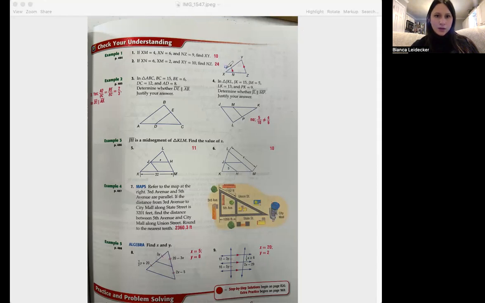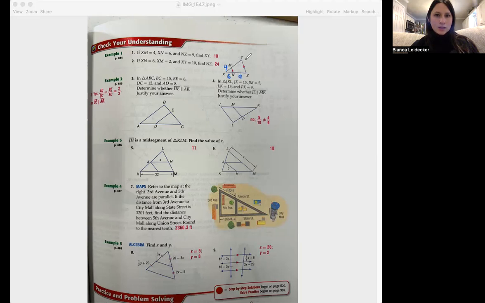So if I were to write it on here, this would be 4. You can see what I'm putting. And then XN is 6. Now these two lines inside the triangle are parallel. It's saying that NZ is 9.